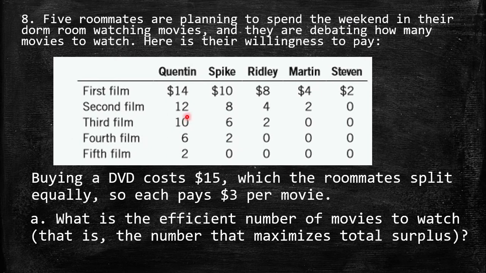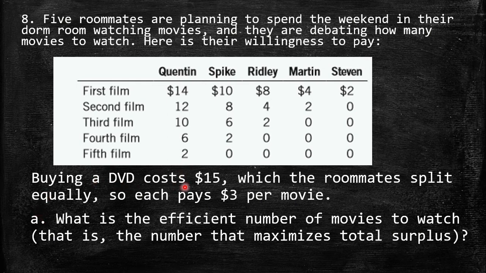For this reason, the willingness to pay will be less than for the first film. Steven is not really into films, because for the second film he would pay nothing. Then in the fifth film, the only person with a willingness to pay is Canteen, with $2.